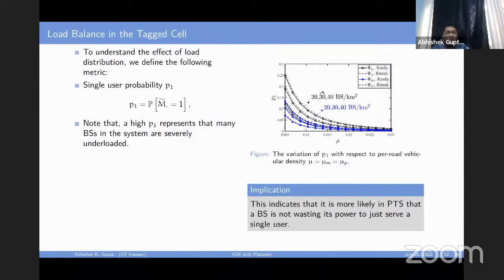When I compare the platoon and non-platoon, I find that there is a higher probability of having only one user in the non-platoon traffic. In the platoon traffic, there is a lower probability of having one user, which means if the base station is active, it has less probability of having one user, and this will improve the overall efficiency because the base station is not wasting its power to just serve one single user.